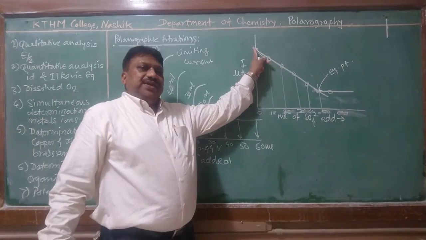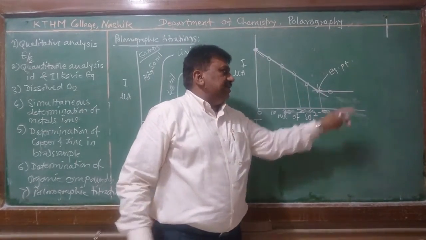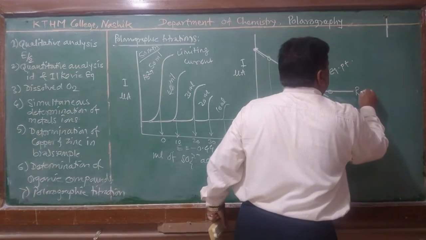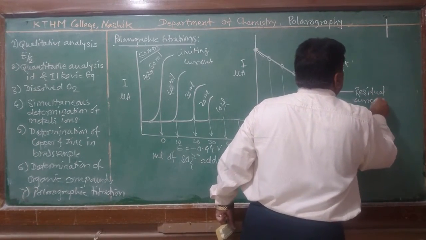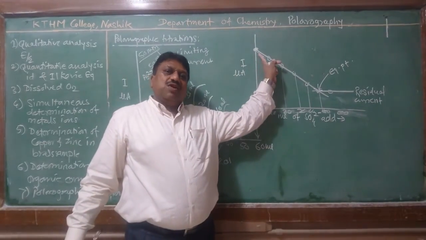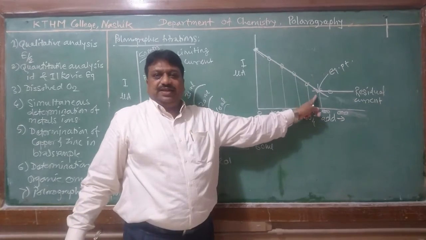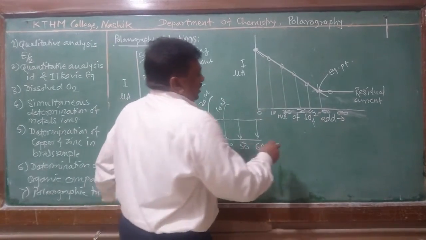Therefore, in polarographic titration, when the limiting current reaches a residual current, then that is the equivalence point. And in this case, as the concentration of the electroactive species decreases, the diffusion current decreases. And this is an example.